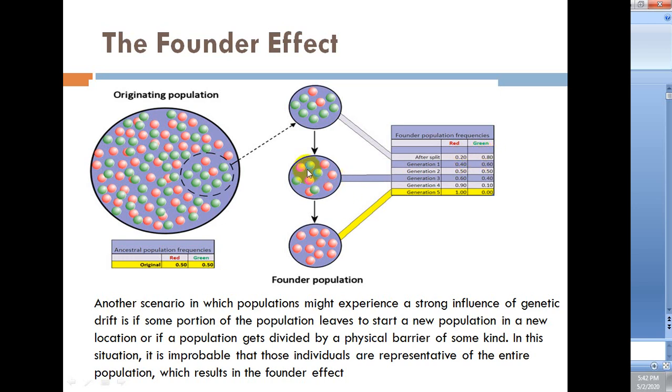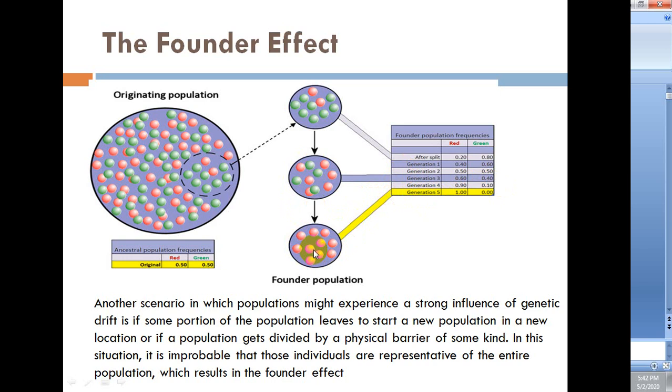And coming to generation 3, you will find red becomes 0.6 and green becomes 0.4. In generation 4, this is 0.9 to 1, and finally in the 5th generation you will find that only these red alleles are there without these green alleles.